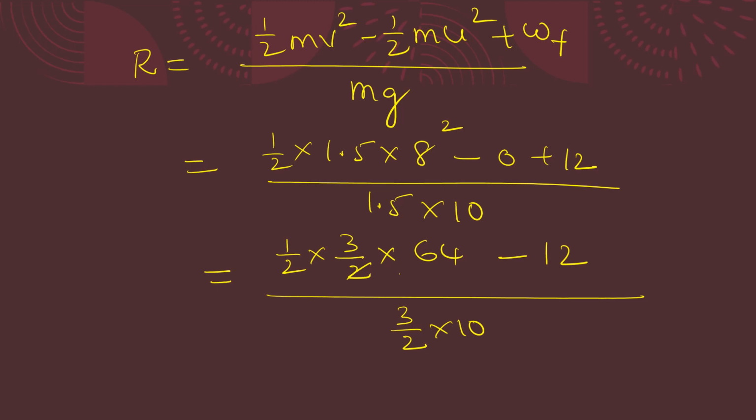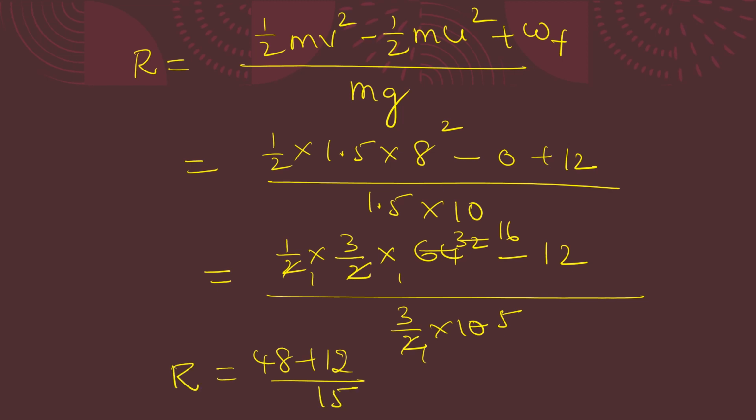Here 2 ones are 2, 2 32s are 64, and again 2 ones, 2 16s, 16 threes are 48. So 48 plus 12, and here 2 ones, 2 fives, 3 fives are 15.